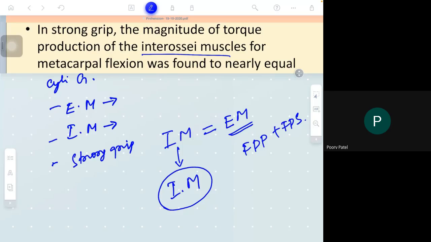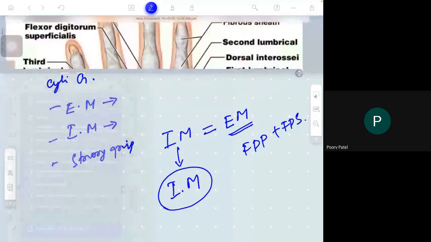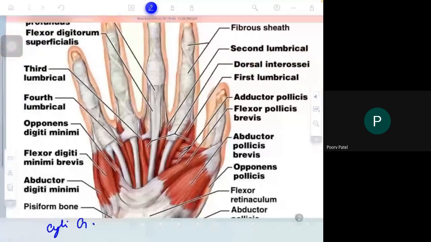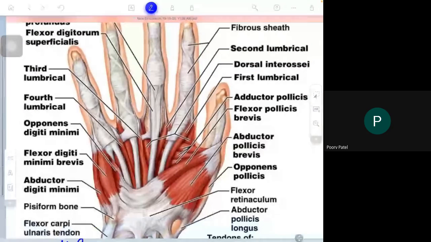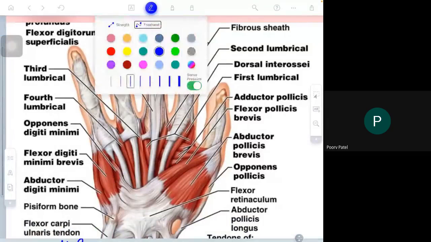Palmar interossei, dorsal interossei. You know what they are? They are the intrinsic muscles. Now you can see these are the intrinsic muscles of hand. What are the intrinsic muscles of hand?